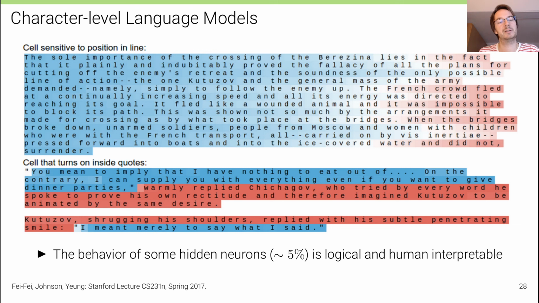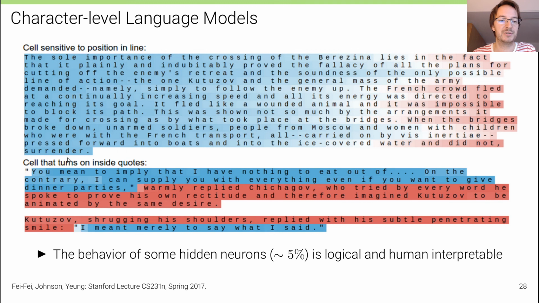We can plot that activation for different characters in the input. You can see that there are some cells, or some neurons, that are responsive to, or that are representing, the position in the line, so that the model has an easier time in determining when a sentence should end. Basically, it counts how long a sentence is, or how long a paragraph is, in order to determine when it's reasonable to start a new one.